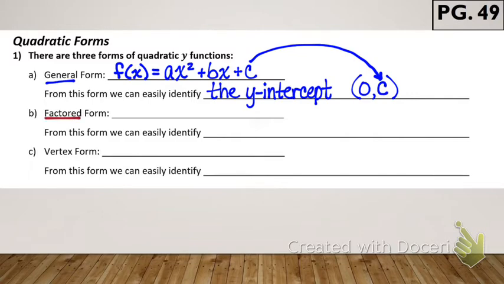Then we have factored form, and we've talked about factored form in here as well. When I see an equation written in factored form, if there is a GCF, that's always at the beginning, and we're going to call that our a value. That's the same a as in the general form, by the way. Same number. And then we've got sets of parentheses.